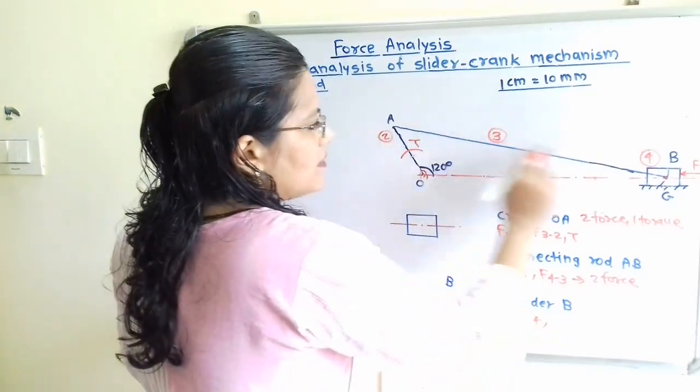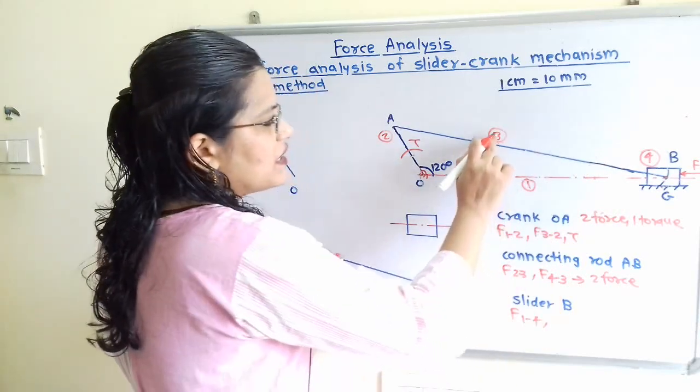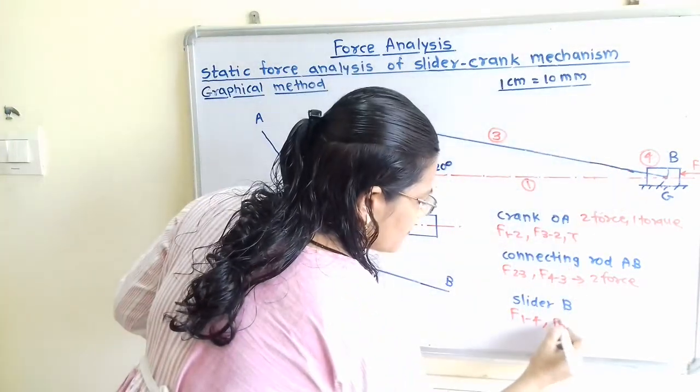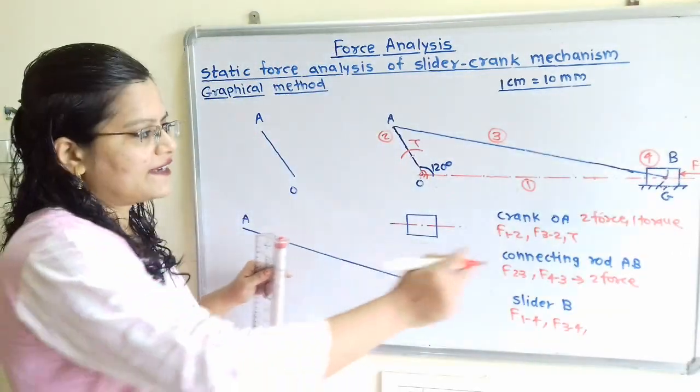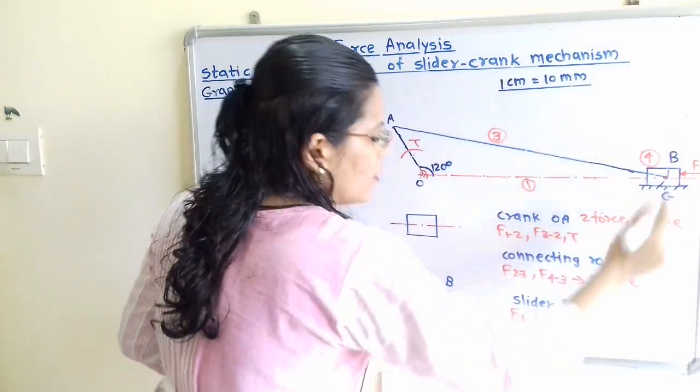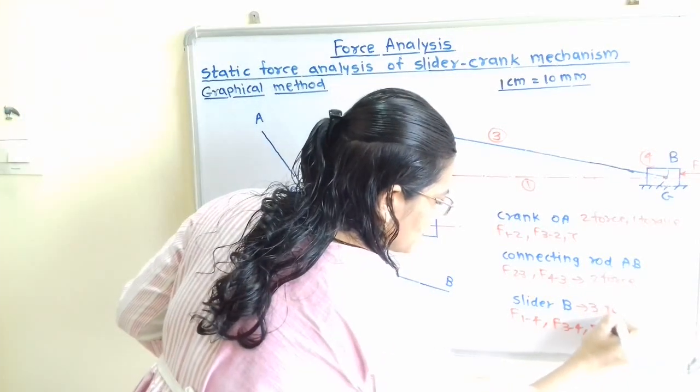Then this slider is connected to the connecting rod, so force is transferred, F of 3 to 4. And there is the applied force F, which is also applied on the slider, so there is force F. So this is a 3 force member.